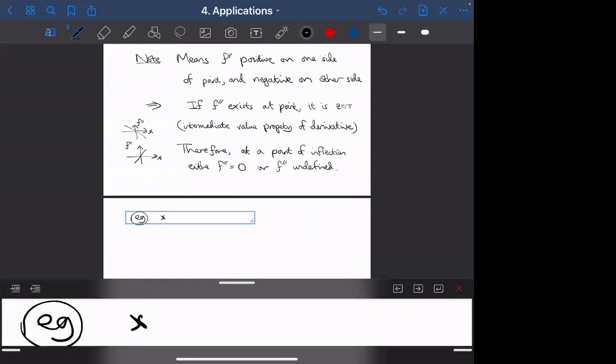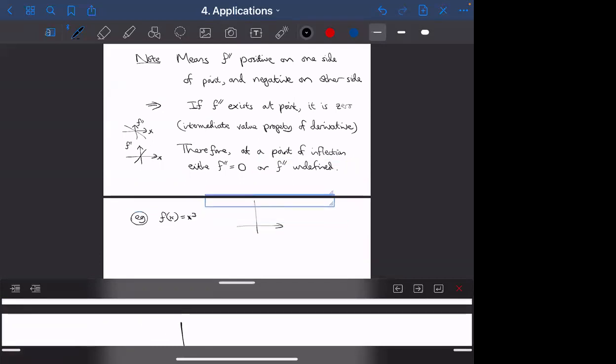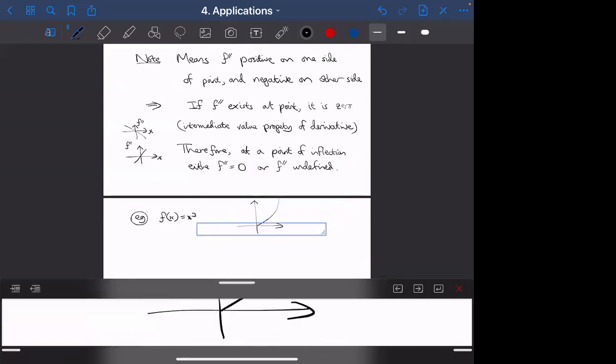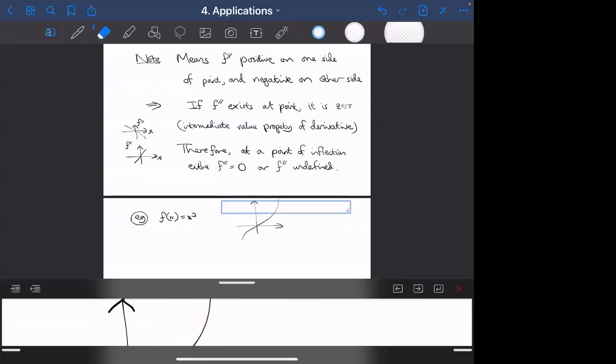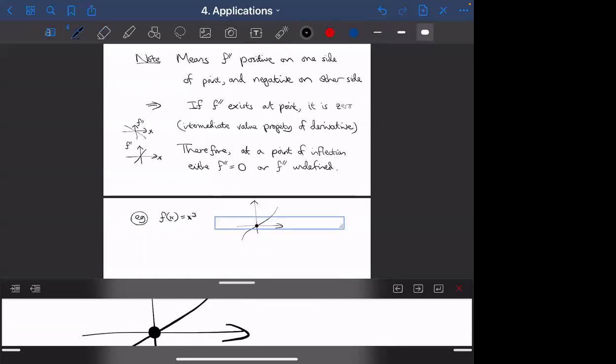So if I have f(x) equals x cubed, like this, then at this point, I have, well, I've not drawn this very well.